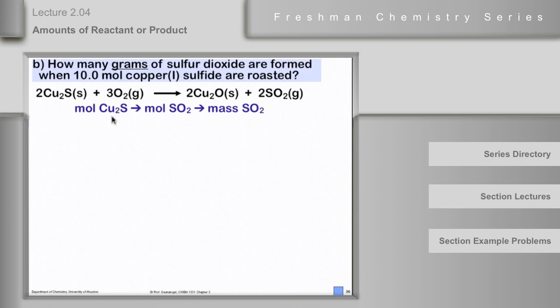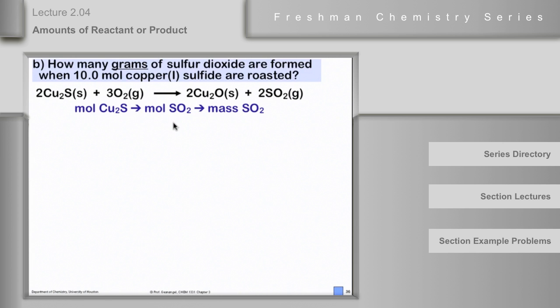All right? We're given moles, 10 moles of copper 1 sulfide. That's where we start. We want to get mass of sulfur dioxide. As you think about this, the only way you can get mass of sulfur dioxide is if you have moles of sulfur dioxide. Then you could do a mole to mass conversion and you're home free with plenty of time to watch TV.